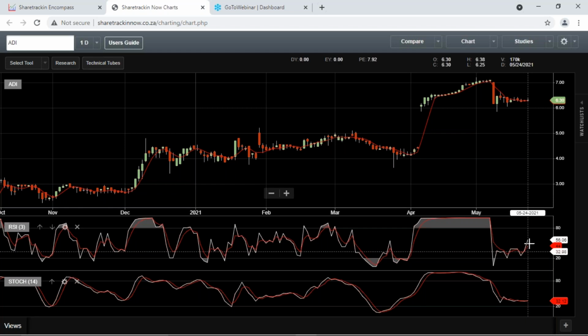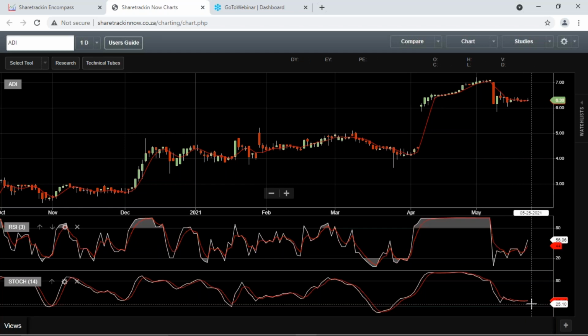My RSI does indicate an upwards growth, and I can see that my stochastic did cross to show an upwards movement. But currently, I will not look at the share because there's not enough movement for me to say, yes, on a day-to-day trade or day-to-week trade, I will make money.